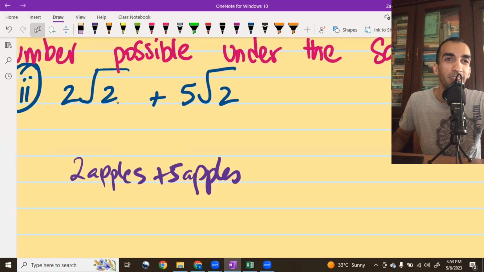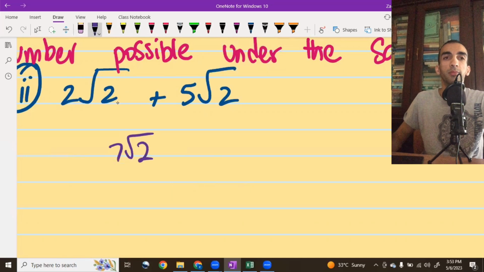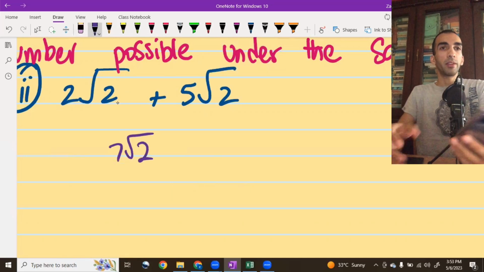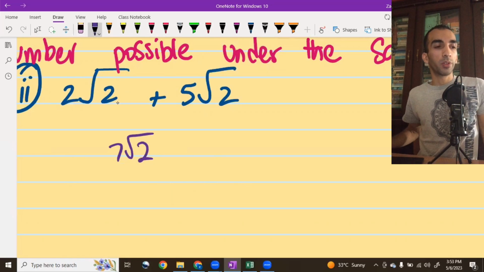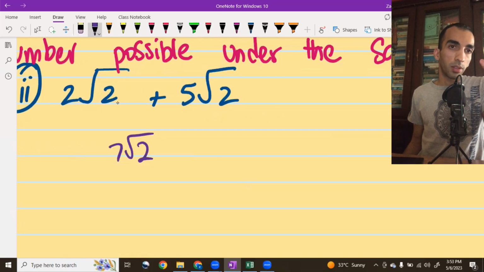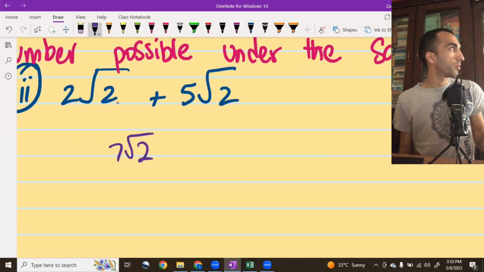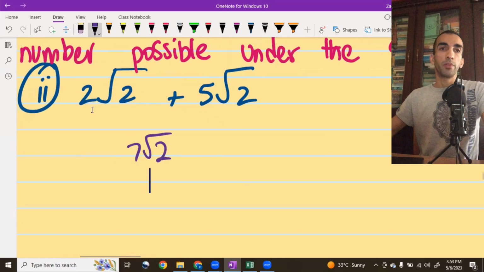So you do 7 square root of 2. Let's put that to the test. If you have your calculator with you, why don't you do 2 square root of 2 plus 5 square root of 2, and put down your answer and see if it comes to be the same as 7 square root of 2. Yeah, it is. All right, perfect.